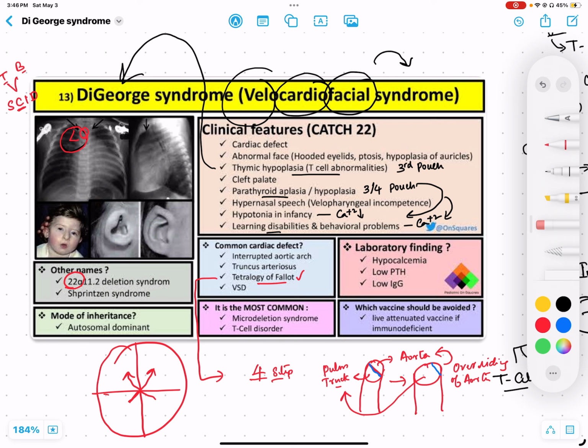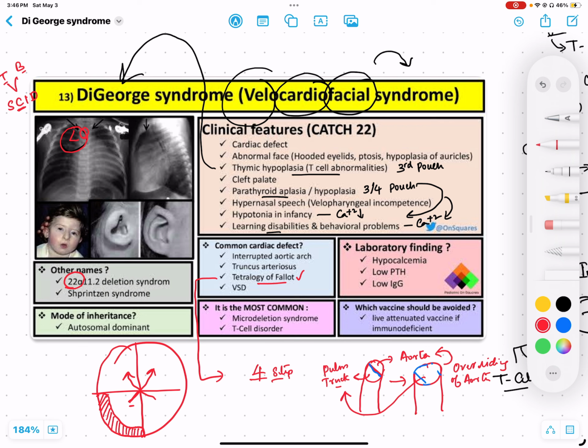The spiral septum takes a major portion of the pulmonary trunk, and that causes stenosis of the pulmonary artery. Stenosis of the pulmonary artery here causes right ventricular hypertrophy, because it needs to work more and more.